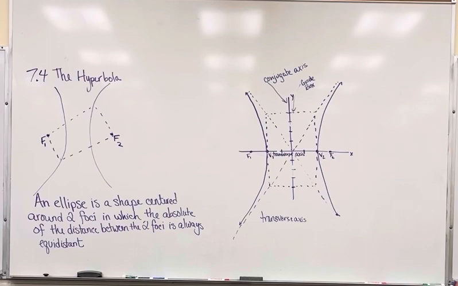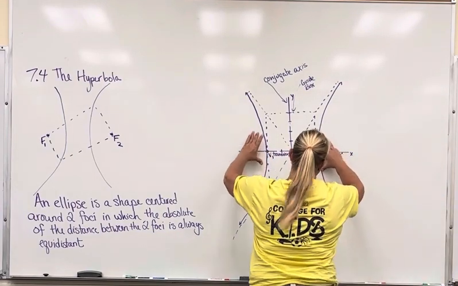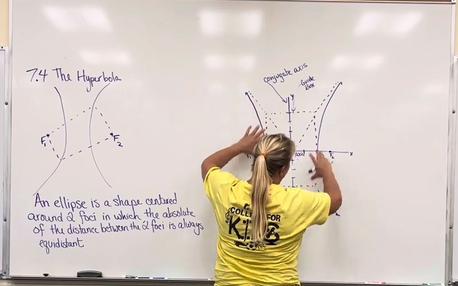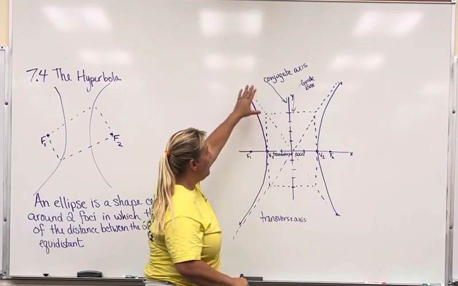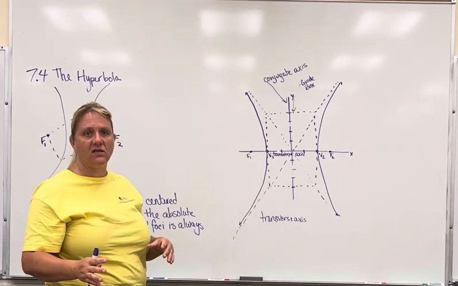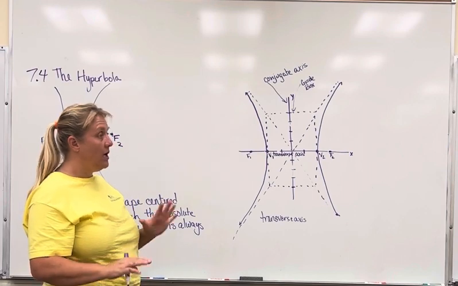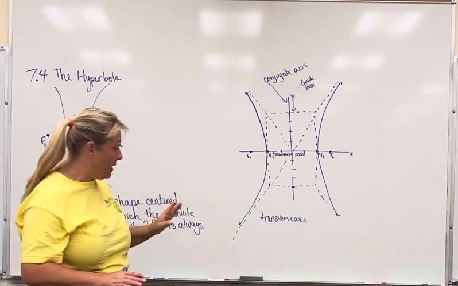The transverse is the one that goes from vertex to vertex. So if this thing was rotated somewhere, that axis changes. The conjugate axis is just the other one, at 90 degrees from the transverse axis, okay? But the axis doesn't need to be vertical versus horizontal, okay?